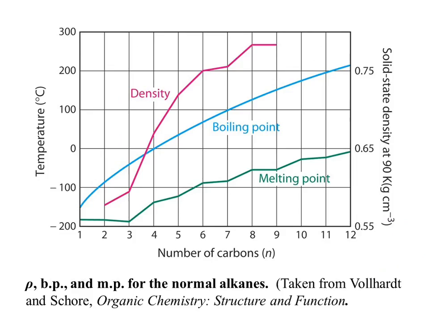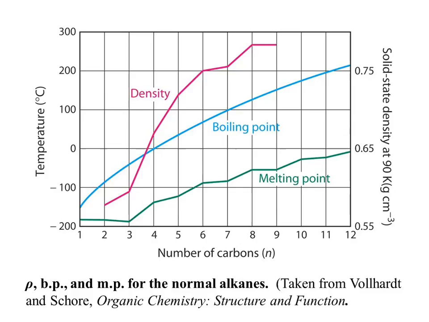So the last slide I wanted to knock out before we go on to talk about phase diagrams is this one. Just at a glance, if you orient yourself, we're talking about those alkanes, those hydrocarbons that only contain single bonds. We're talking about the normal version, no branching.